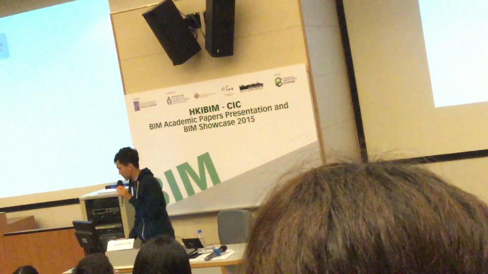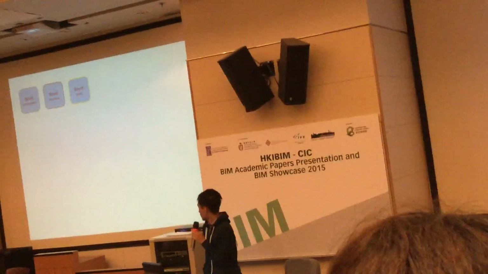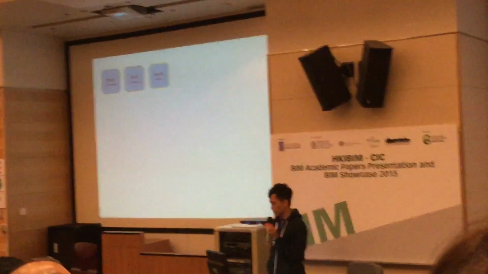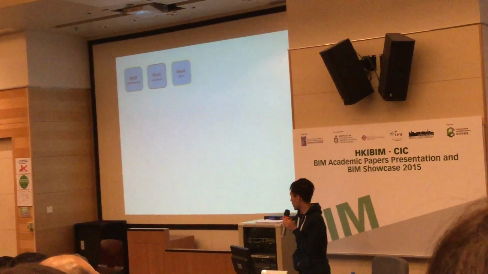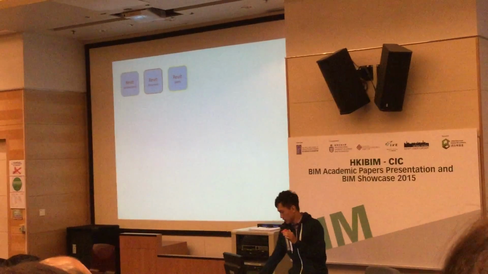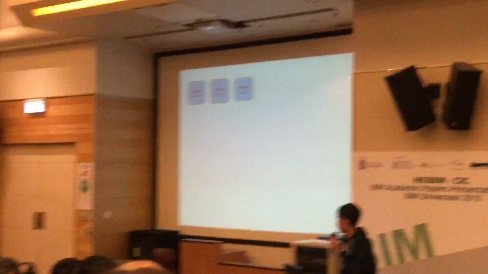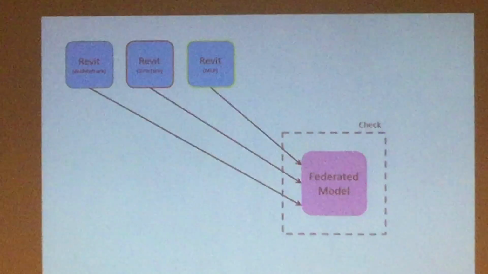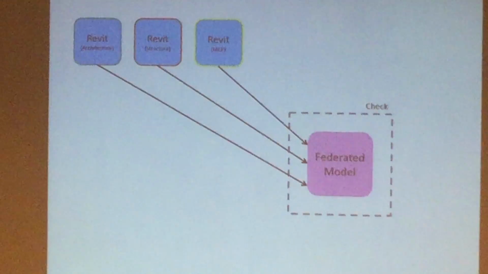So basically, that's how it works according to level 2 BIM. Everyone has their BIM software and authors their part of the BIM model. Here I've got 3, just for architect, structural, and MEP. Then you share with each other, and that makes a federated model.